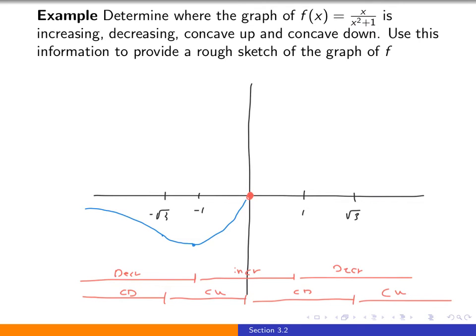And I increase to 0, and note I'm still concave up, but at 0 I change from concave up to concave down, but I continue to increase. At 1, we switch to decreasing, but we remain concave upward until we hit root 3, and then we change to concave downward. So just a very rough sketch that satisfies the characteristics that we've labeled below.